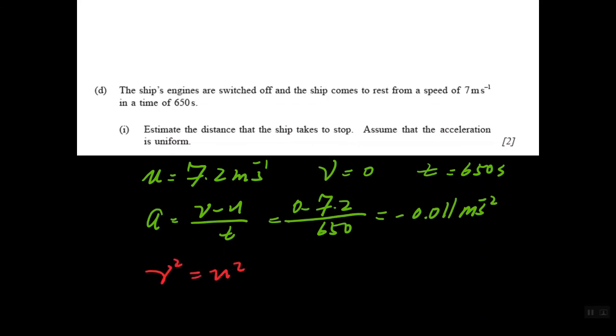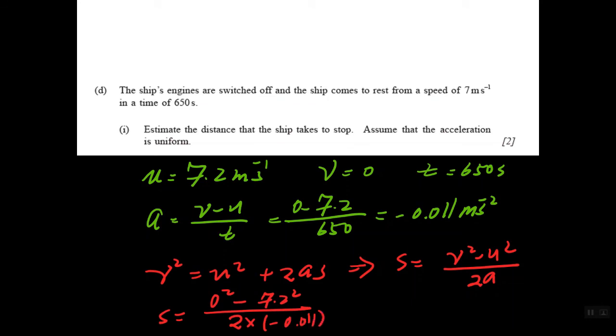Then we use the timeless formula. Final velocity squared equals initial velocity squared plus 2 times acceleration times displacement. Displacement equals final velocity squared minus initial velocity squared, divided by 2 times acceleration. Let's plug in the values.